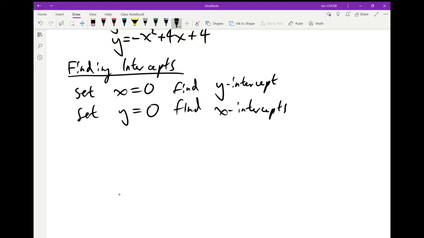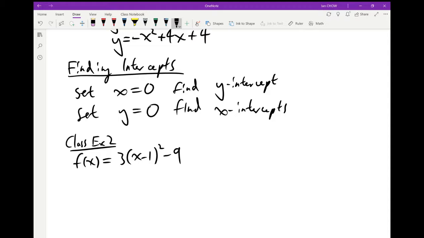So we have class example 2. Determine the exact values of the x and y intercepts of the graph of the function f of x is equal to 3, that is the scaling factor, times (x minus 1), so it has moved 1 unit to the right, whole squared, minus 9, so it has shifted 9 units down.